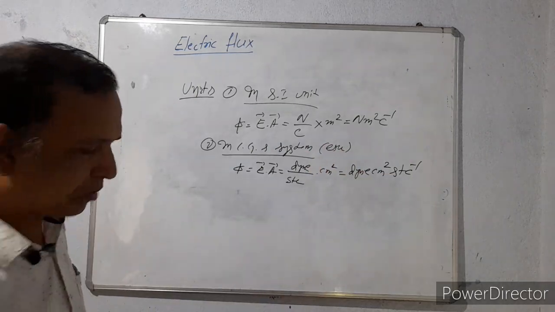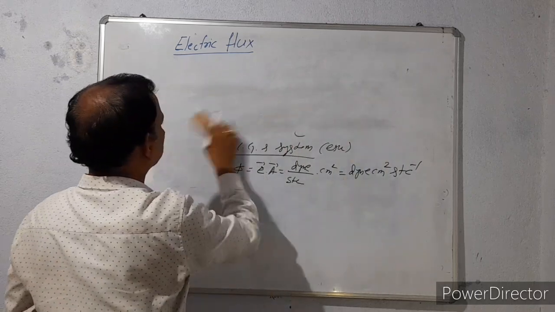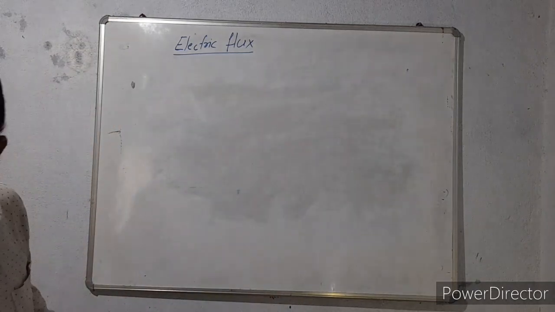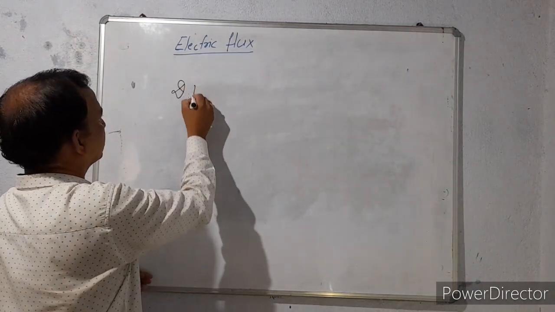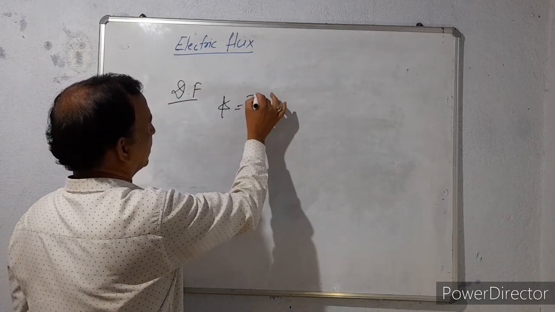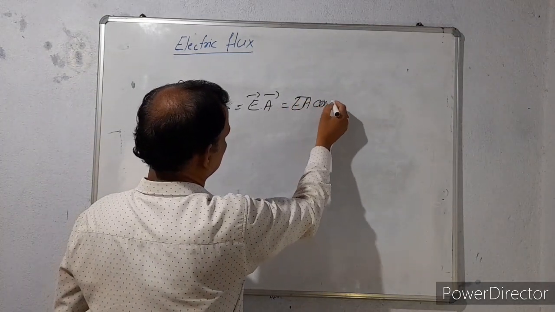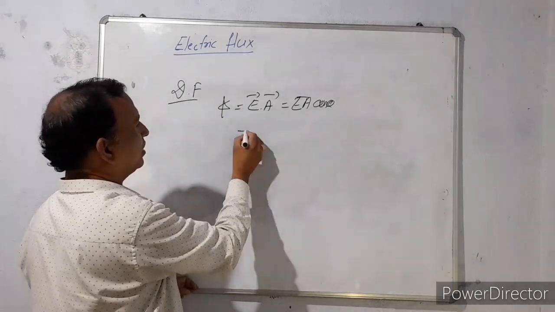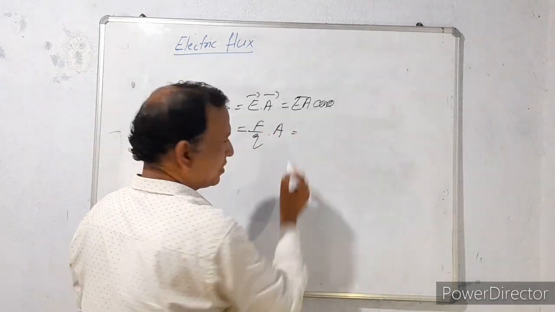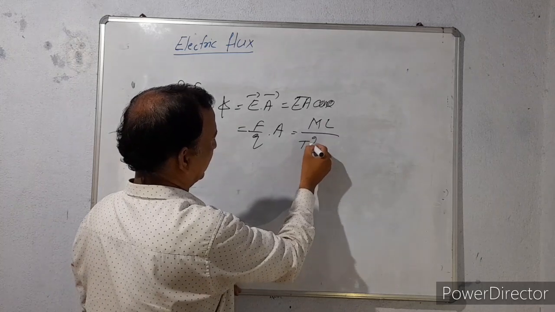Now the dimensional formula. Phi is E dot A cos theta, and cos theta is a dimensionless angle. E is F by Q, A is area. F is mass into acceleration, that is M L by T square.